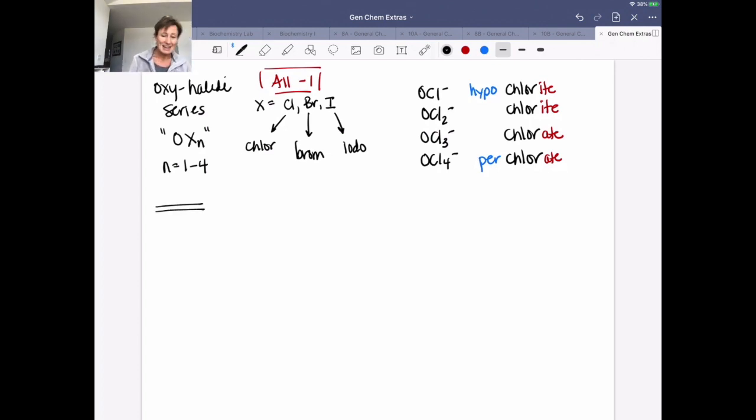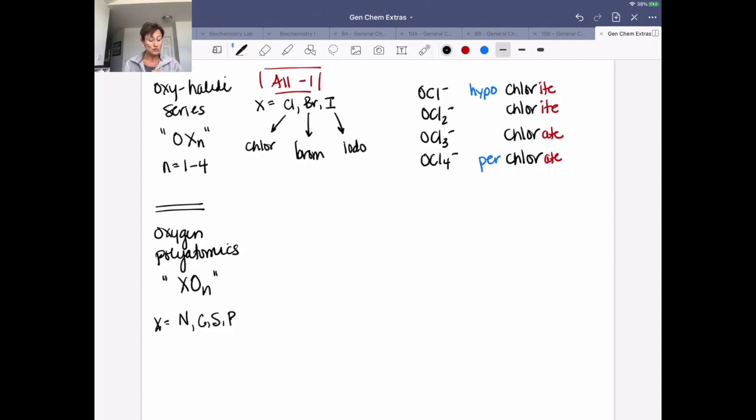Another series that has lots of permutations, this time where we're going to be changing the number of oxygen atoms, is what we're going to call these oxygen polyatomics. These are going to follow the pattern where we're going to have X, O, and N. And X in this case is going to be equal to nitrogen, carbon, sulfur, and phosphorus.